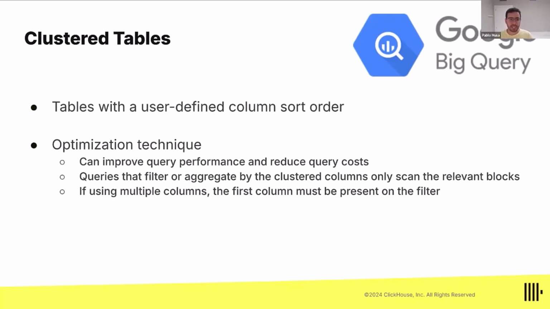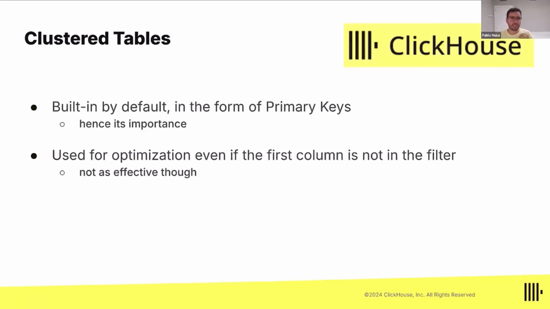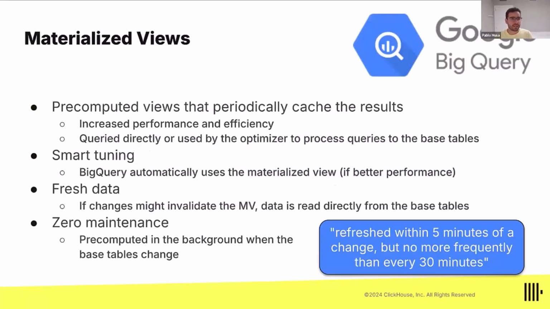It's just an optimization technique that can improve query performance. In reading and trying to understand the way we implement it, it's actually slightly better, because if you have multiple columns in BigQuery, the first column must be present in the filter, otherwise it just ignores it. That's not our case. We are slightly smarter than that. It's already built in.